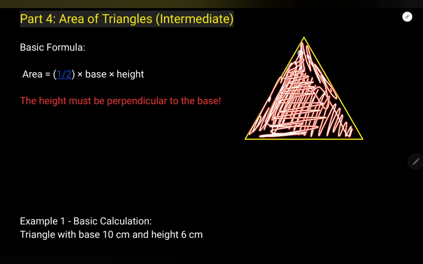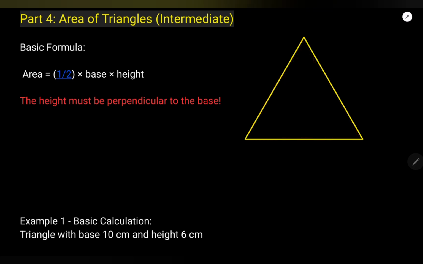Of any shape, whatever shape you have, area is the space covered by that shape and perimeter is always the length of the boundary. But now we have found the length of the boundary. Now we have come to area. How to find the space inside this shape.